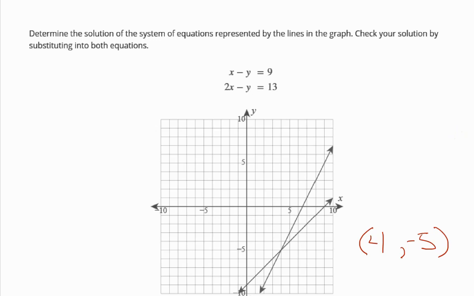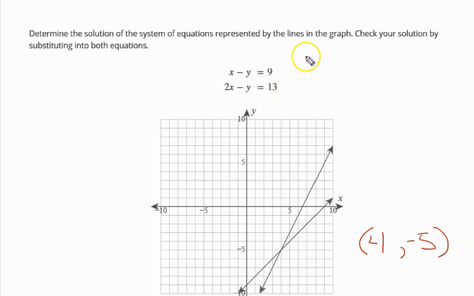Now, as you look at it, you probably picked out a 4, comma, -5. So there's the 4 and the -5. Yes, that looks good. But now you want to see if these values make each of these true.